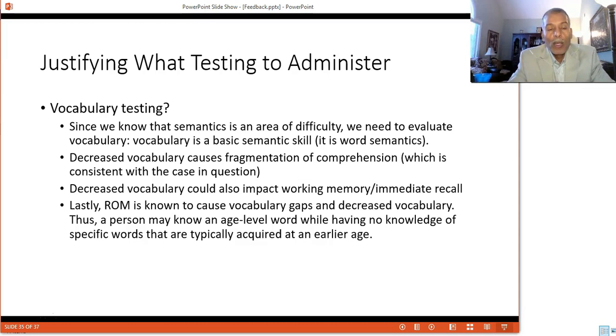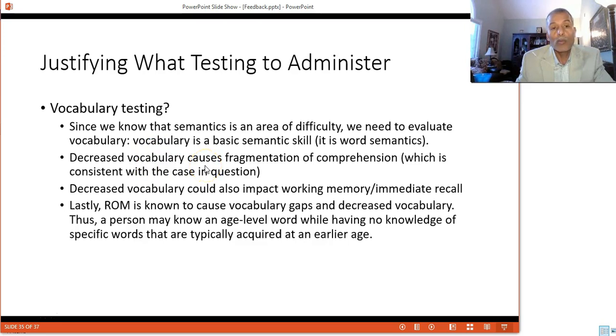For example, we choose tests that evaluate areas of difficulty that we identified, for example, through case history and so on. Since we know that semantics in that case is an area of difficulty, we need to evaluate vocabulary. We need to evaluate the basic semantic skills at the sentence level and at the word level. The word level is vocabulary.